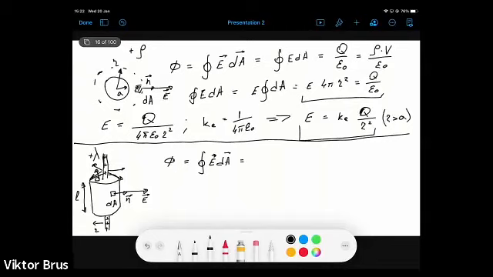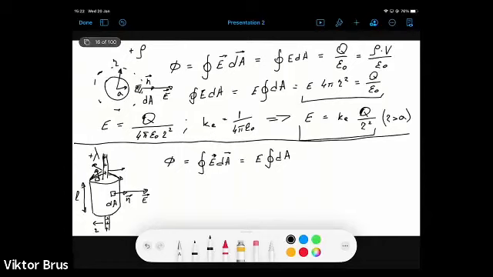Taking into account that the electric field vector and the normal to the side surface are always parallel, and that at each point of the side surface of this cylinder the electric field vector has the same magnitude because of the symmetry, we can write the constant electric field times the integral over the area dA.